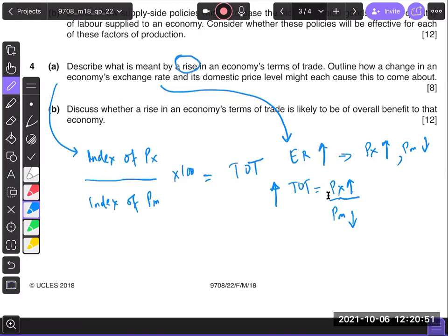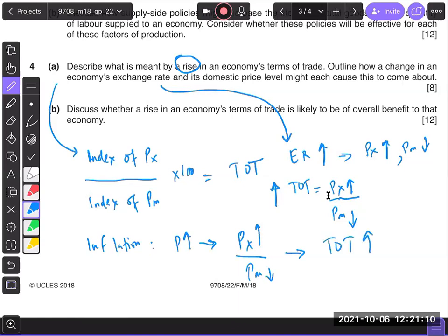And similarly, if you want the terms of trade to go up, what about inflation? If price level goes up, exports become expensive, imports become cheaper, and that will also cause the terms of trade to go up, right?